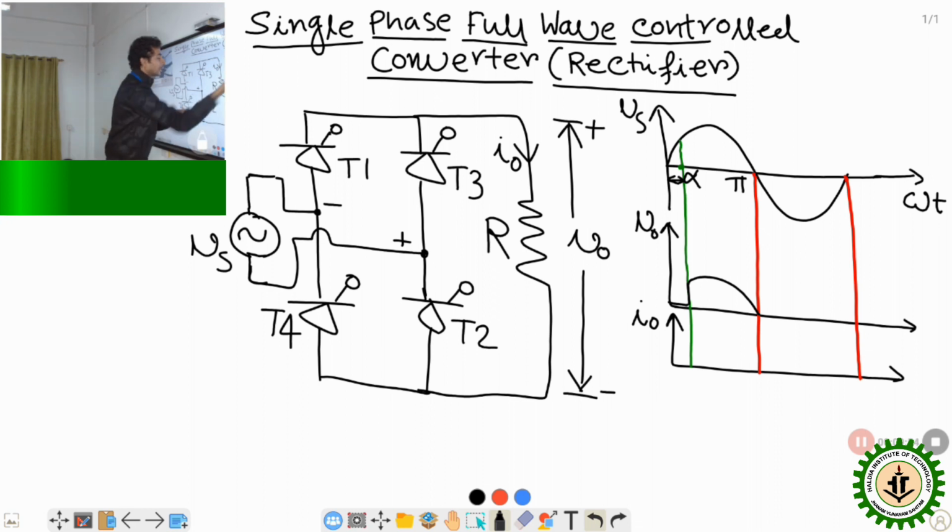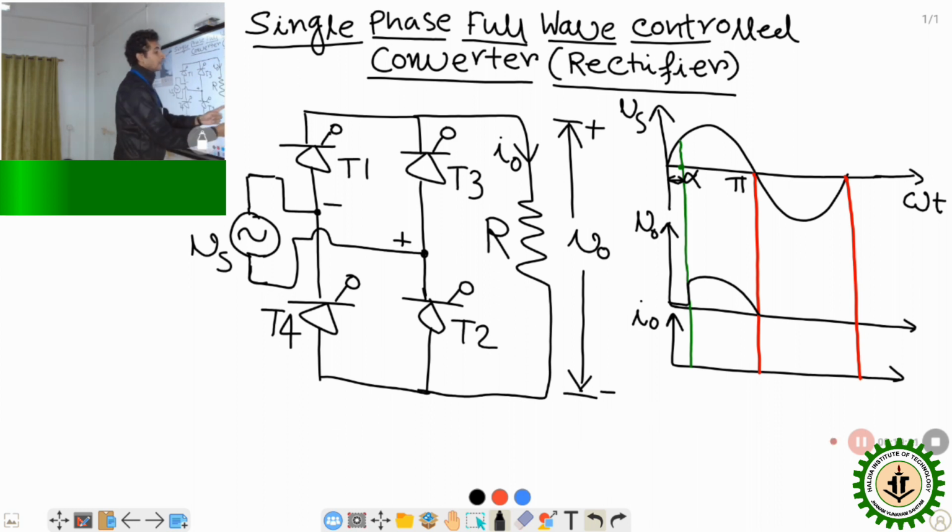So if after pi this is minus and plus, automatically thyristor T1 and T2 will get reverse biased, and as I said, turn off of the thyristor is not in our control. Whenever it gets reverse biased, it will turn off.